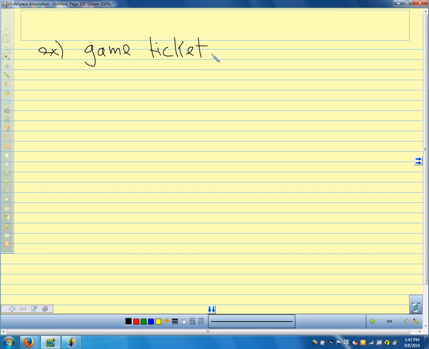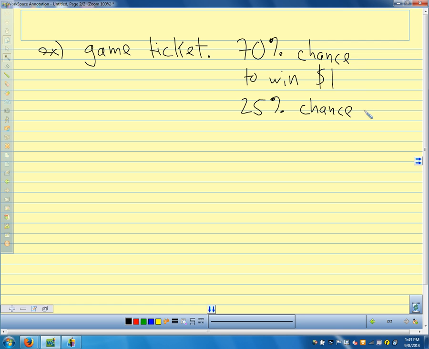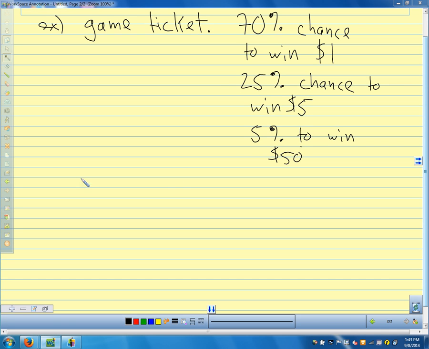You can buy a ticket and you know that you have a 70% chance to win $1, a 25% chance to win $5, and a 5% chance to win $50. So the first question is, what is the expected value of this ticket?